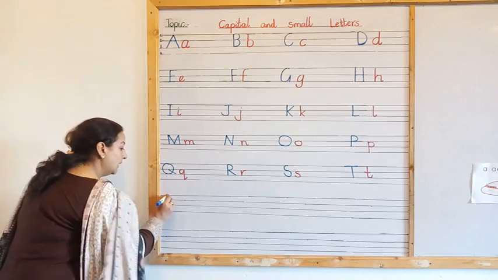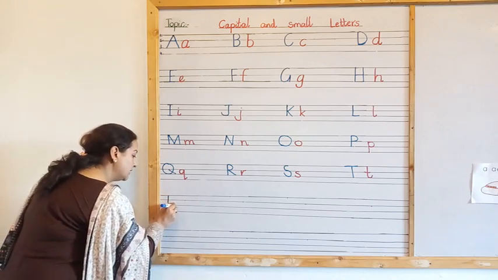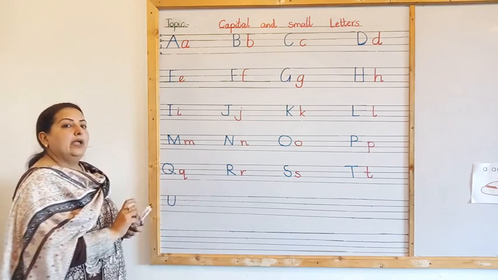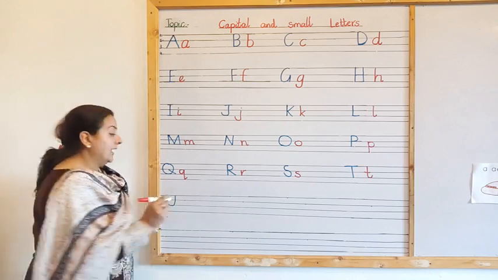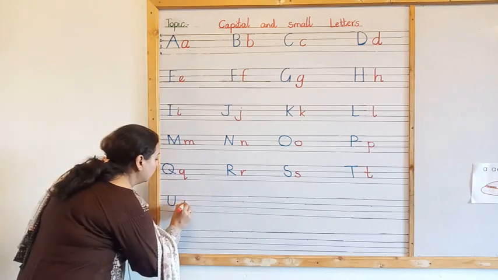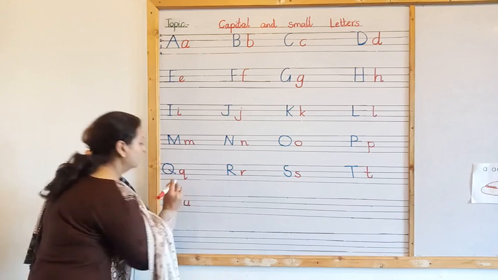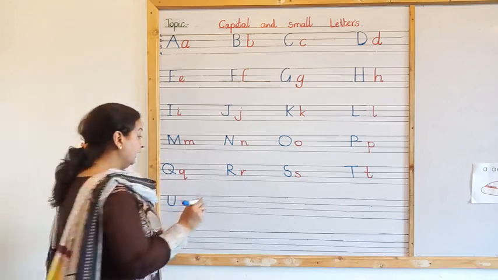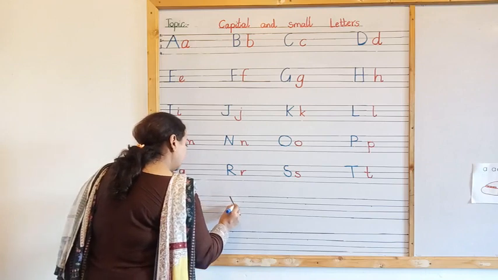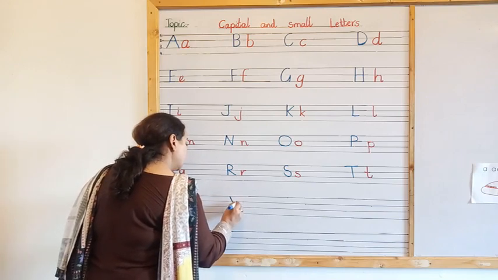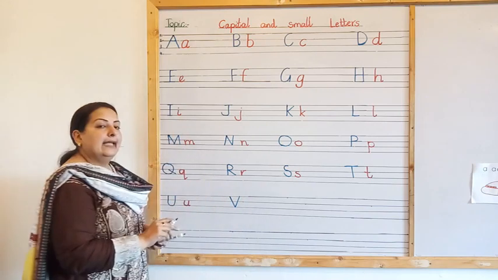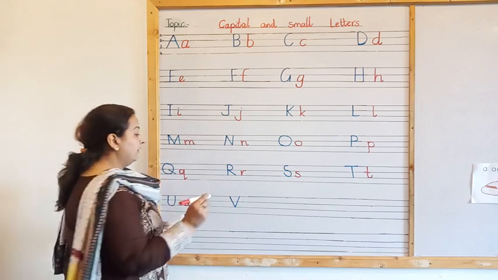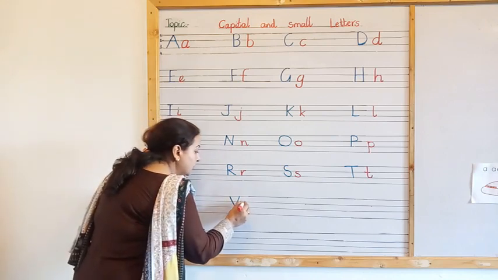U. In upper three lines you will write U. And in center two lines you will write small u. What comes after U? V. Go down and up. And small v we will write in center two lines.